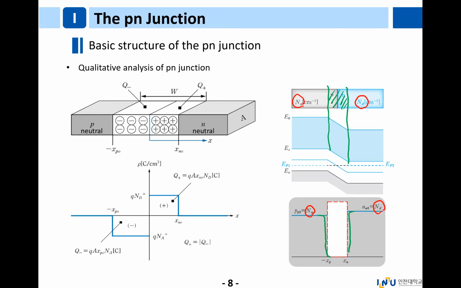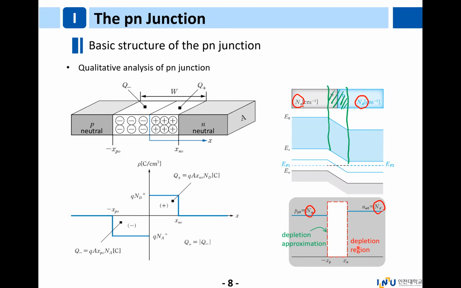Actually, they have this kind of distribution, but assuming an abrupt boundary helps simplify the derivation of equations. So just assuming it like this is known as the depletion approximation.